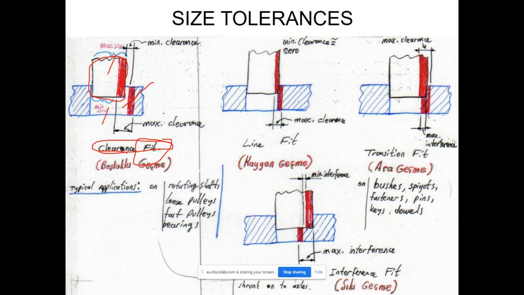Of course, if the masculine feature is at minimum size and the feminine feature is at maximum size, then the clearance will be at maximum order. In the opposite case, minimum order. Minimum or maximum clearance, but in a clearance fit, there will always be a clearance.